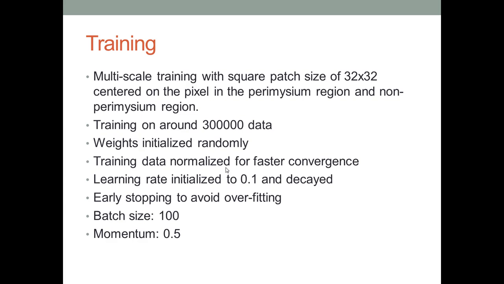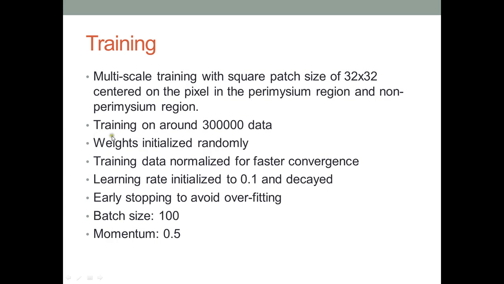This means that for each central pixel, I cropped square patches of size 32 by 32, 28 by 28, and 64 by 64 at different scales, then resized all of them to a standard size of 32 by 32, and fed all of that data into the convolutional neural network to train. As I already explained, all those square patches are centered on a pixel in the perimysium or non-perimysium region, forming my positive and negative data sets.